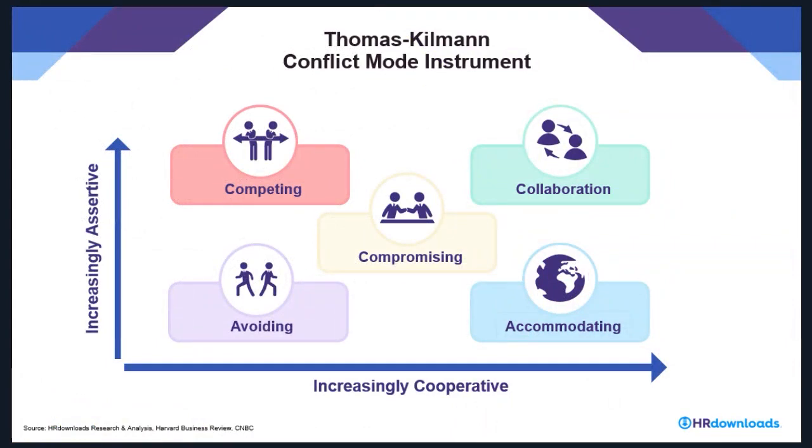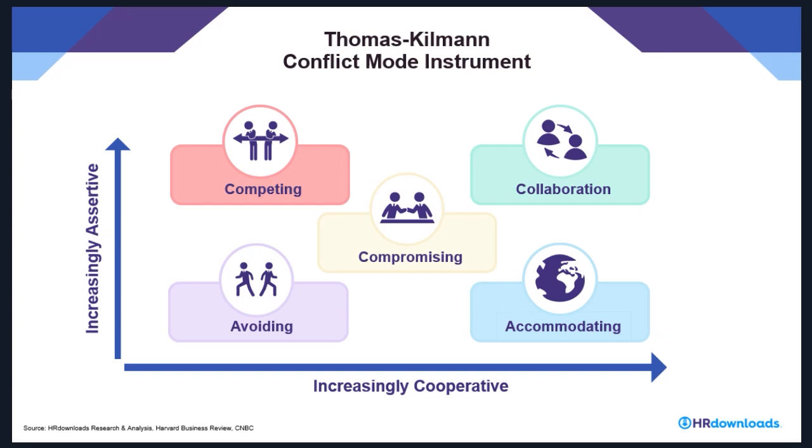The Thomas-Kilmann conflict model instrument is a conflict analysis model that suggests our conflict response behavior is a result of personal predispositions and requirements for handling specific situations we might find ourselves in. Under this model, there are 5 possible outcomes for resolving conflict.